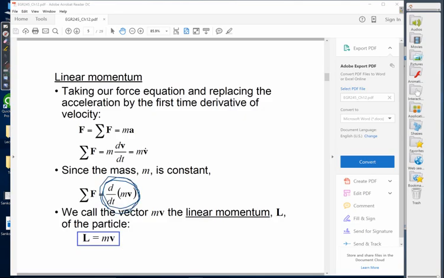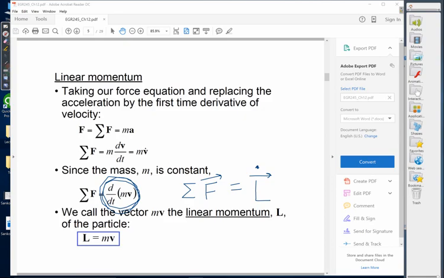So now Newton's second law can be written as the sum of forces is equal to L dot, the derivative of linear momentum. Okay? So that's just an alternative way of looking at the second law.